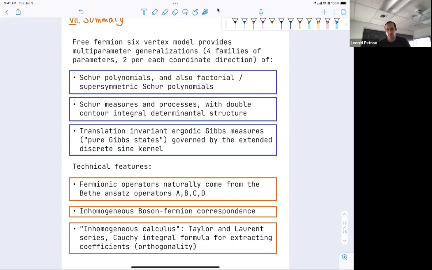And then there is a Cauchy integral formula, which is based on the orthogonality for extracting coefficients. There is a Taylor series in the sense that coefficients in the series can also be obtained as some kind of differentiation analogs for inhomogeneous space, which are difference operators at specific points.